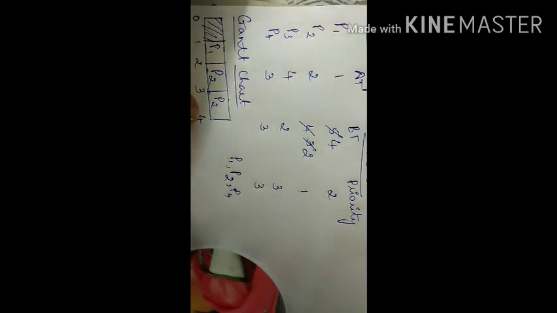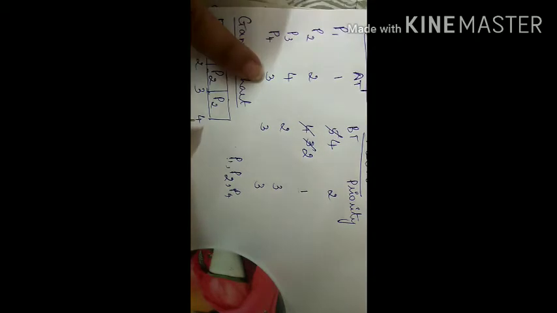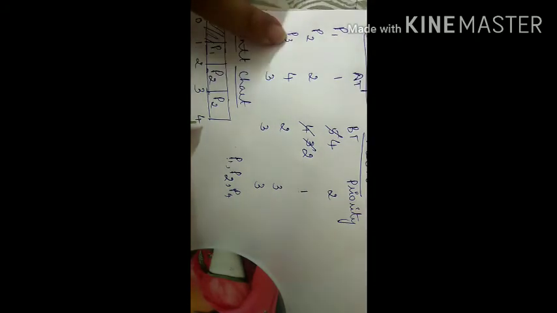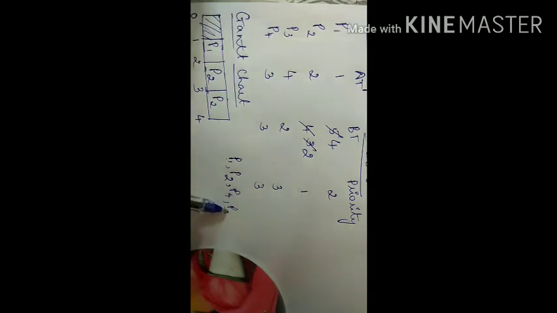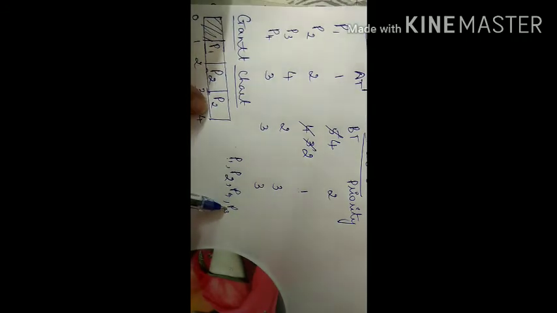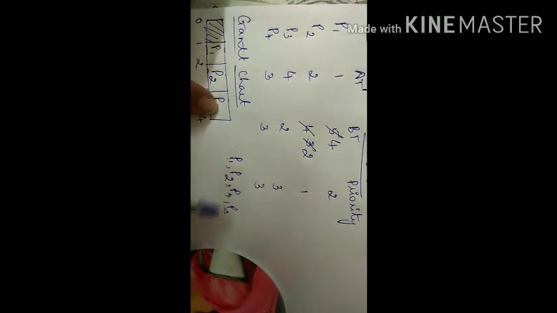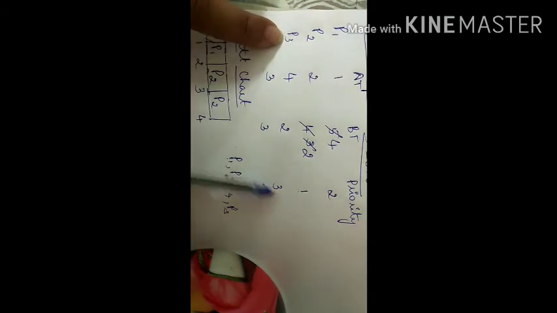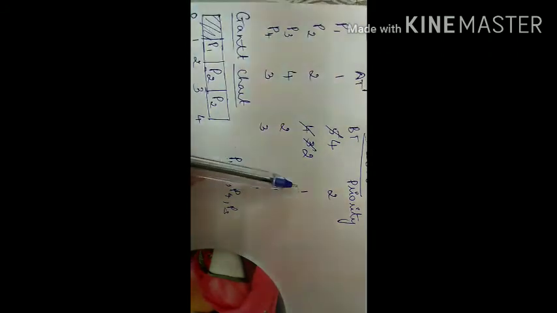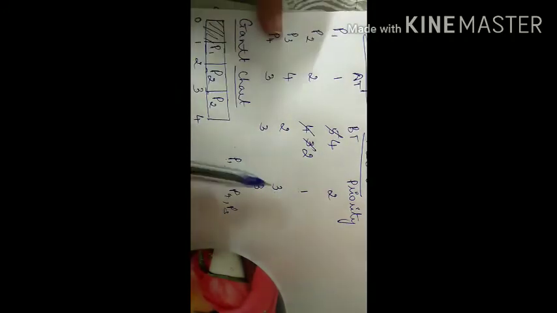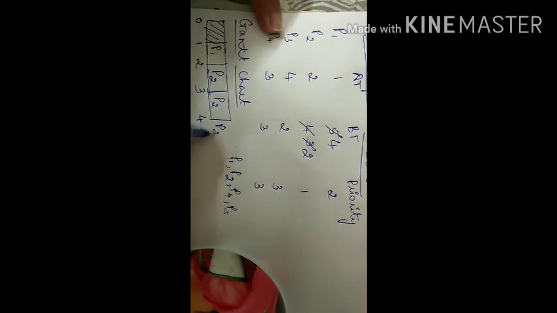Now at 4 milliseconds, are there any other processes which are newly arriving? Yes, P3 is arriving. Again we are going to check the priority number of P3 with P2. P3 with P2. Since again P2 has the highest priority than P3, P2 will continue.